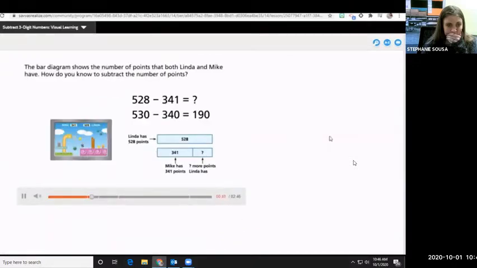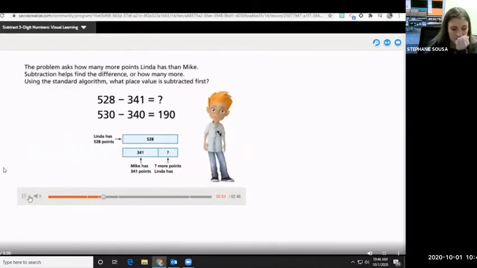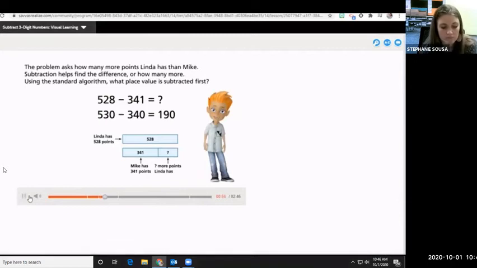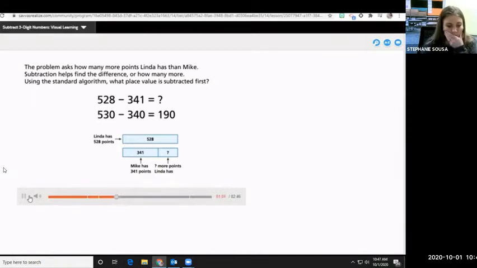The bar diagram shows the number of points that both Linda and Mike have. How do you know to subtract the number of points? The problem asks how many more points Linda has than Mike. Subtraction helps find the difference, or how many more. You can use place value to subtract using an algorithm. Using the standard algorithm, what place value is subtracted first?